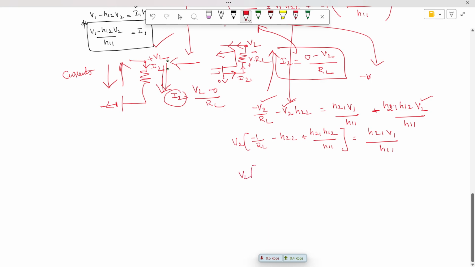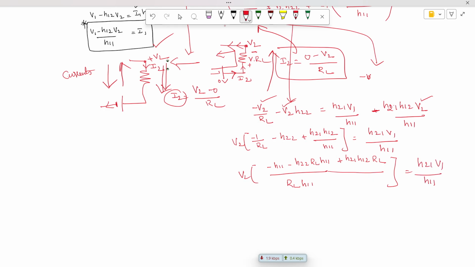So I'm taking the LCM as RL into H11. So here you are going to get minus H11 H22 RL, plus H21 H12 into RL, is equal to H21 V1 by H11.